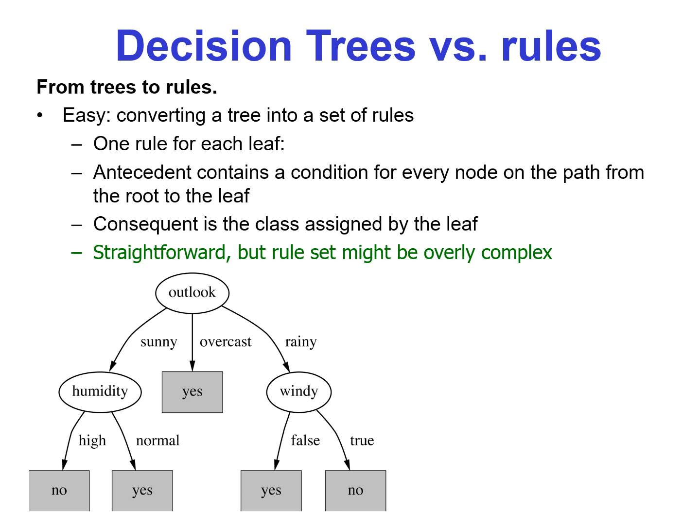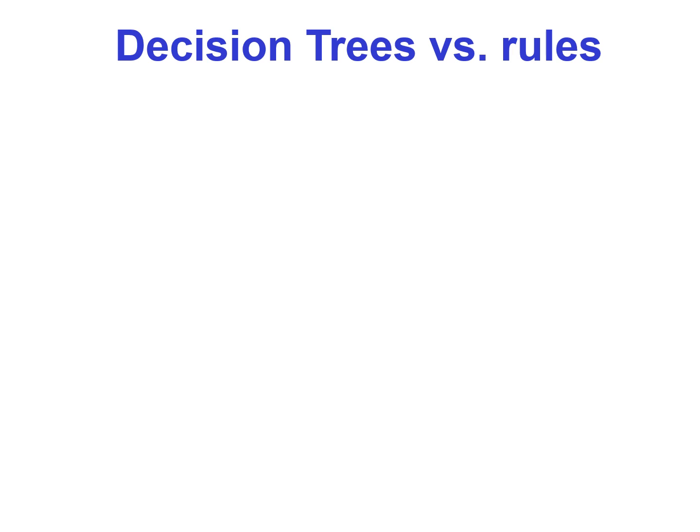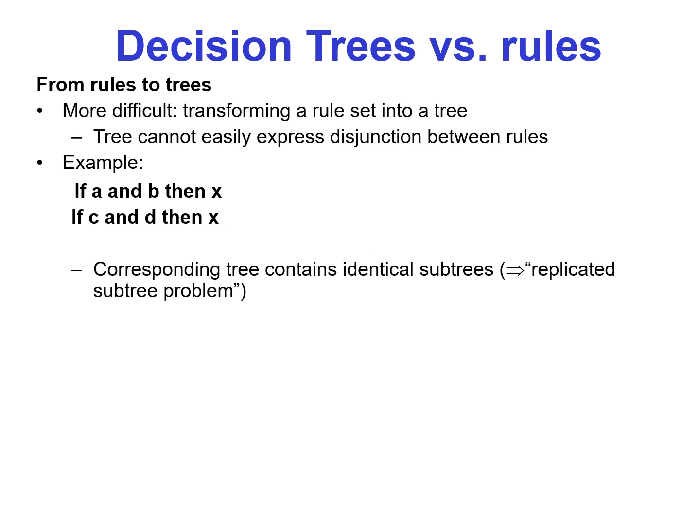Here outlook is sunny, overcast or rainy. For sunny we check humidity; if it is normal, yes, otherwise no. Then windy. This example we already discussed in Unit 1, and the same example is taken here. From rules to trees is more difficult, because transforming a rule set into a tree cannot easily express the distinction between rules.